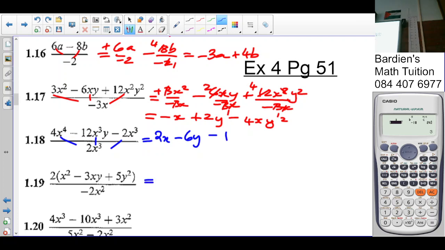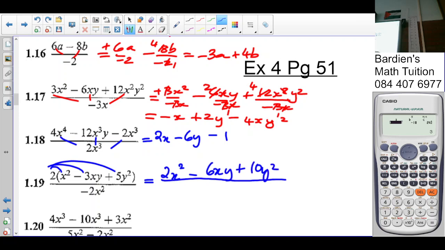The next one, what needs to be done first here? Get rid of the brackets. Multiply that in. So what do we get there? 2x squared minus 6xy plus 10y squared over negative 2x. You all agree with that?